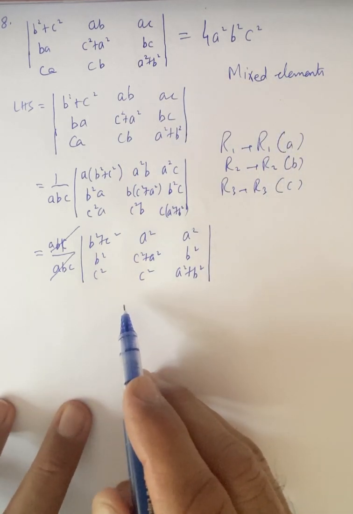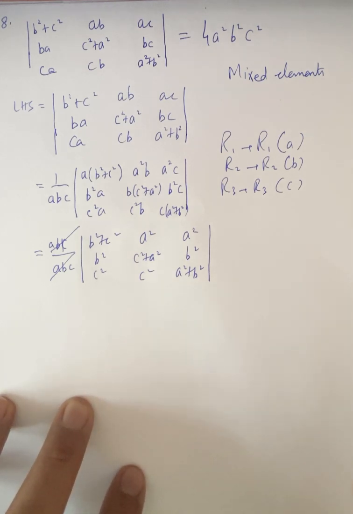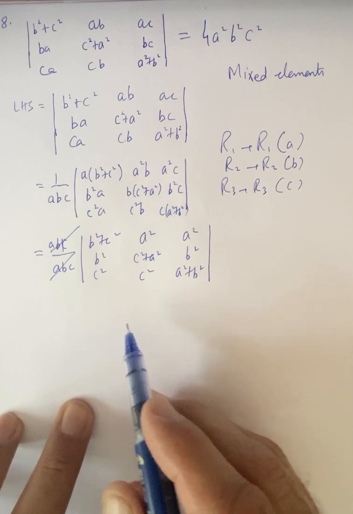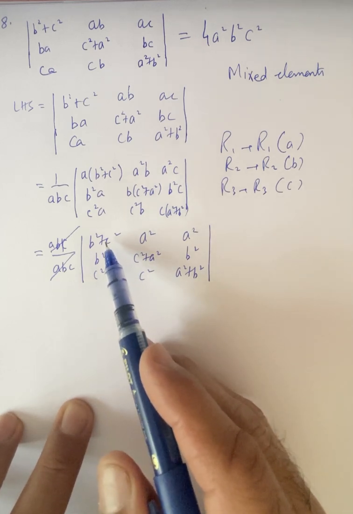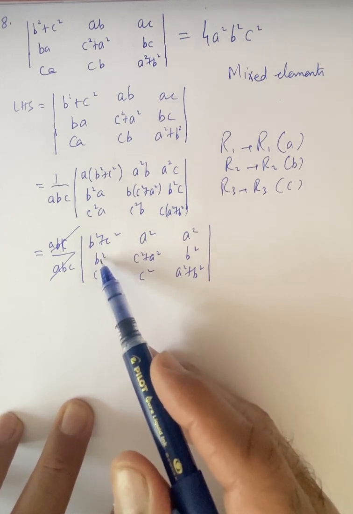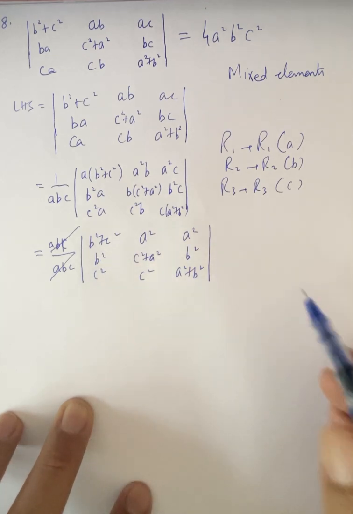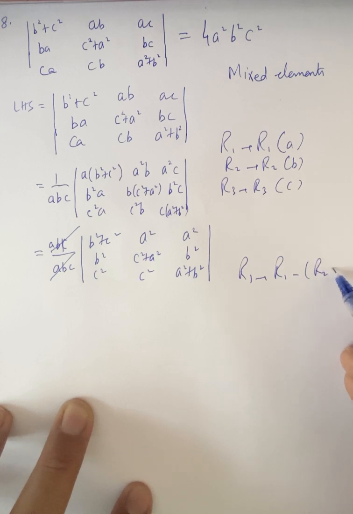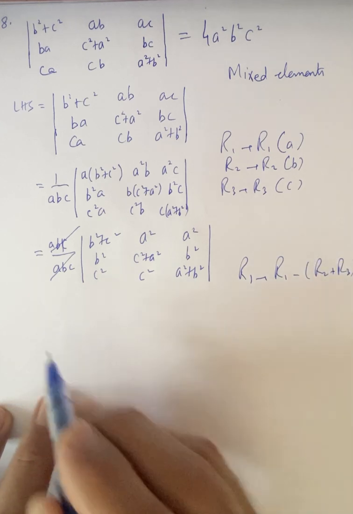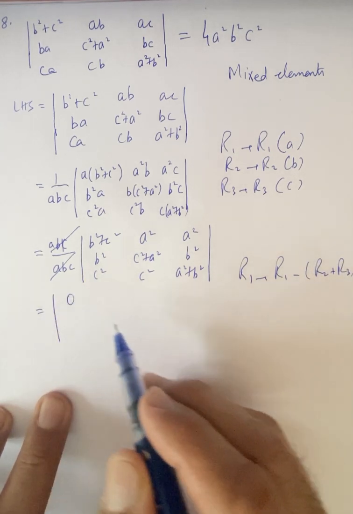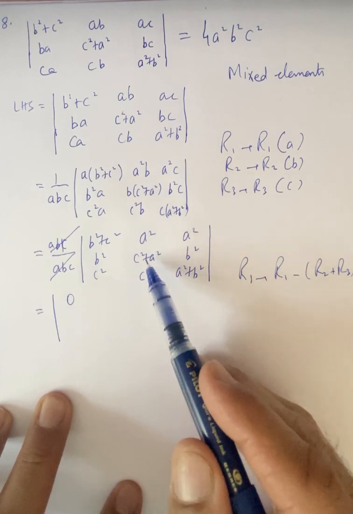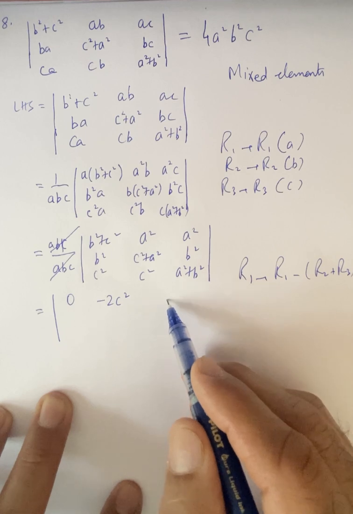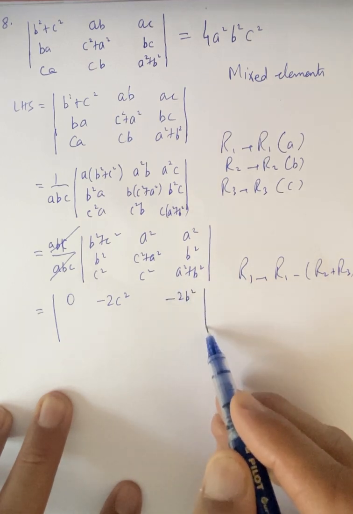Next step is we can't expand directly; that is true for every question. We have to bring zeros. If we subtract from this element the sum of these two, we get a 0. Let's do that. R1 changes to R1 minus the sum of R2 and R3. We'll have 0 here. This minus this is minus 2c square, and this is minus 2b square.